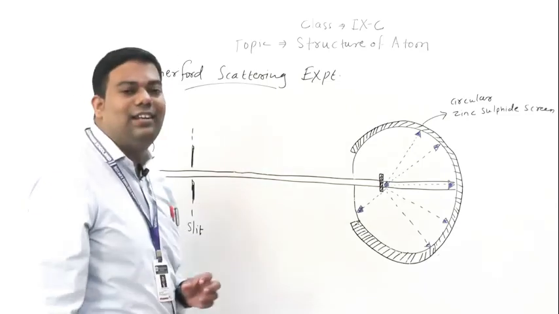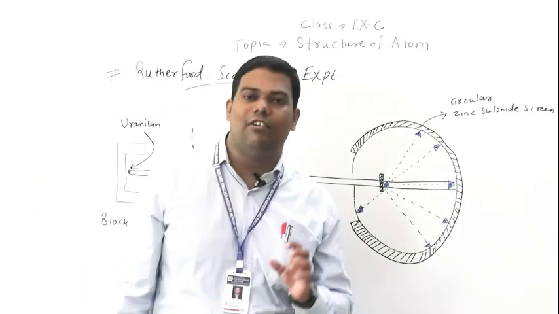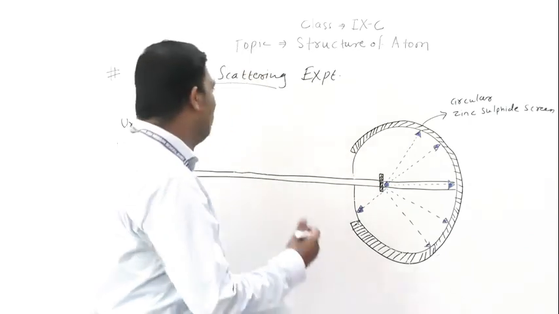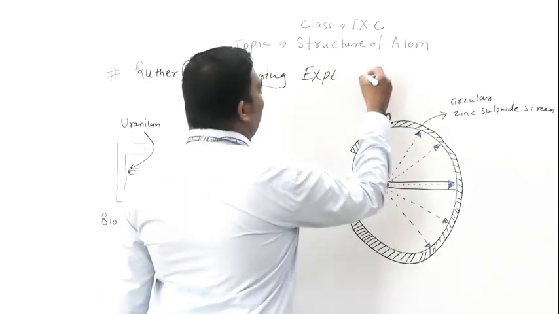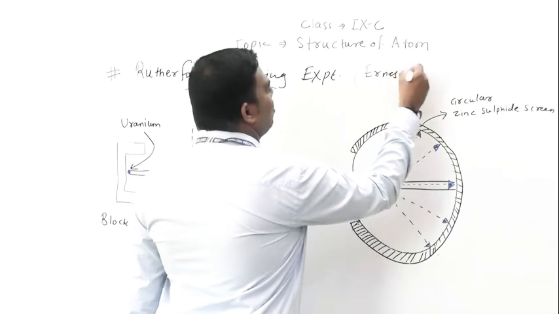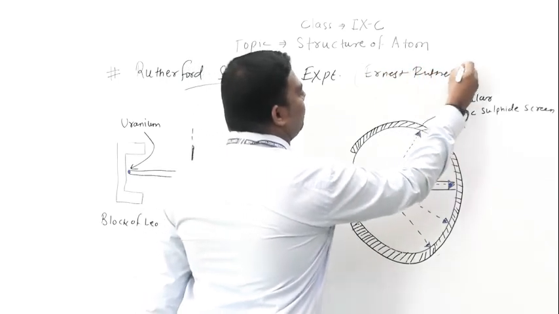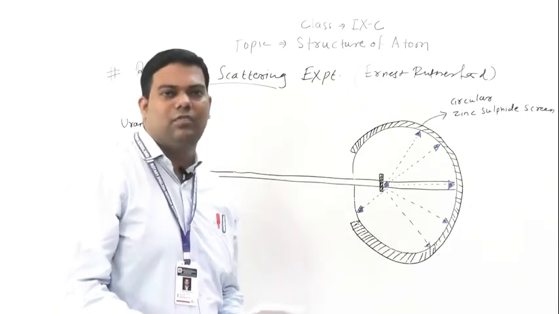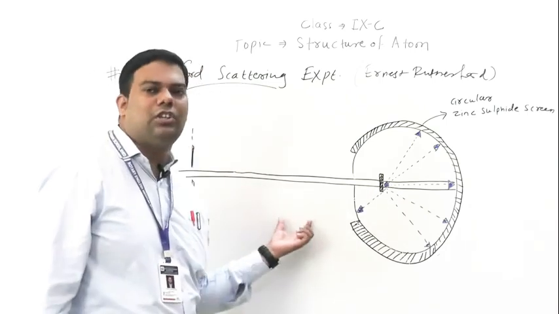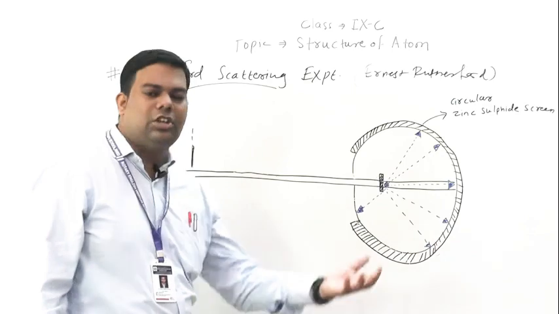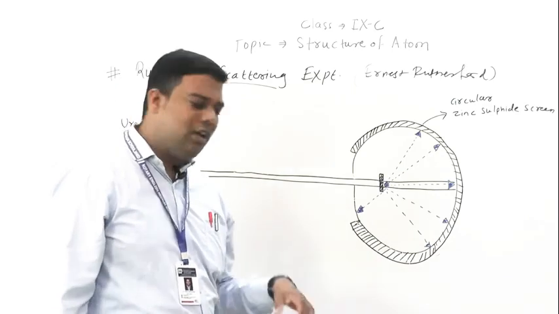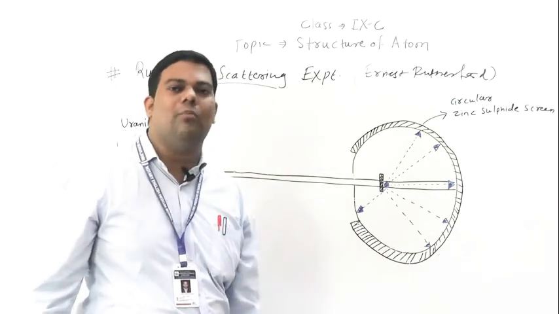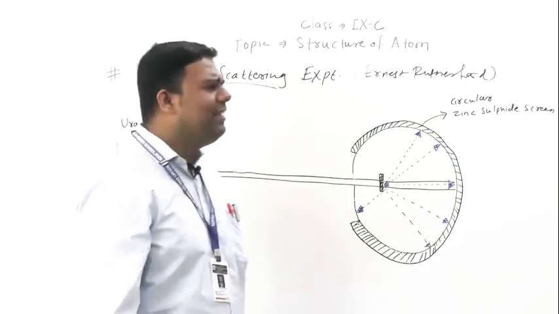In 1911, Ernest Rutherford gave a new model of an atom, and he gave a new picture to the discovery of the structure of the atom.